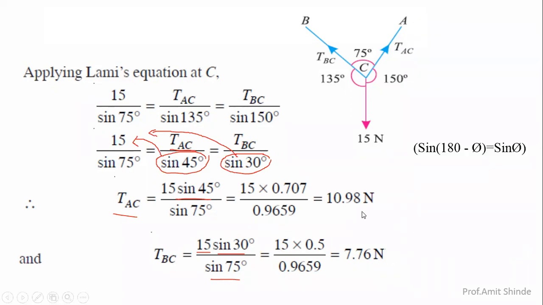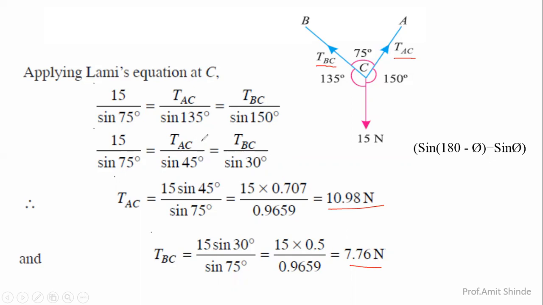It means that tension in the string BC is 7.76 Newton. In such a way, we can easily find out the tension in the AC string and the tension in the BC string by using Lami's theorem.